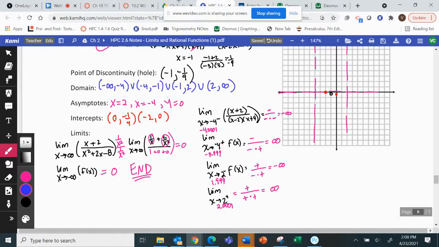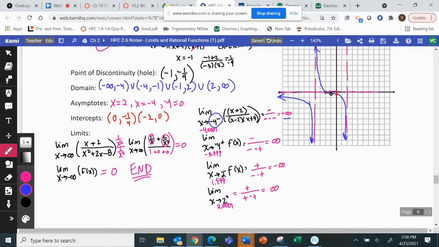So to the left of negative 4, we're going down. To the right of negative 4, we're going up. To the left of 2, we're going down.